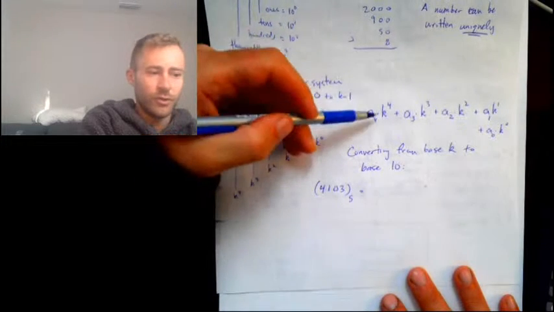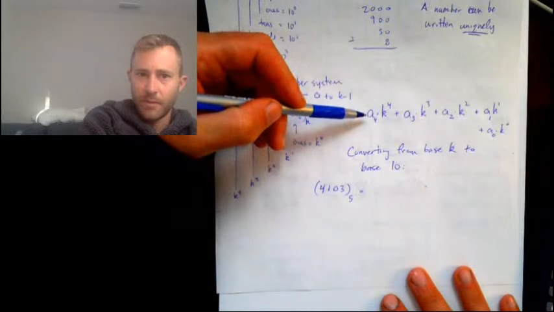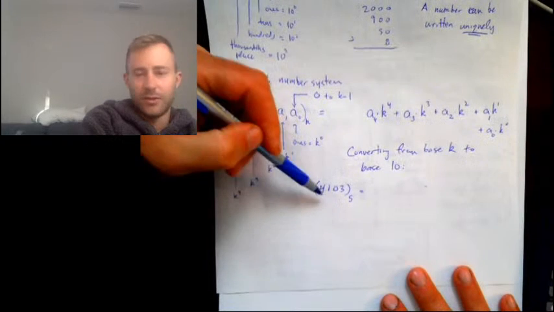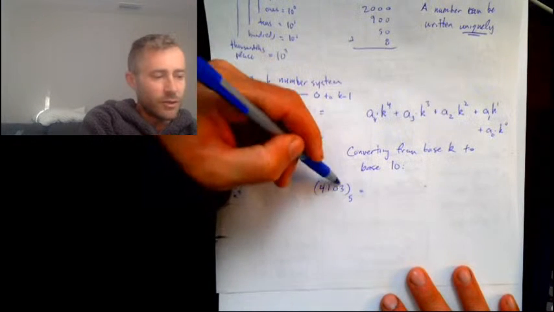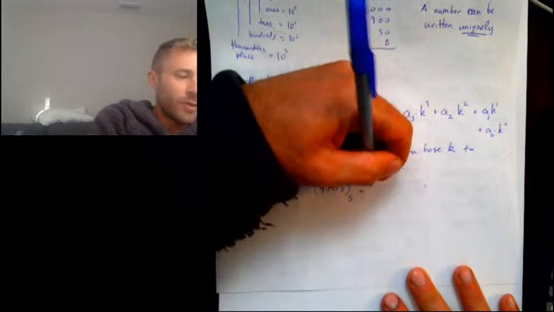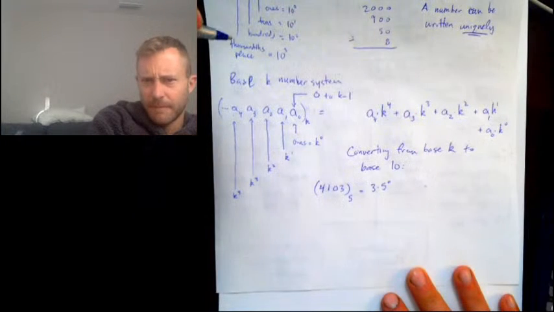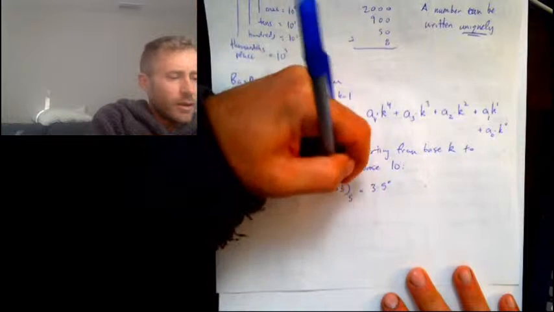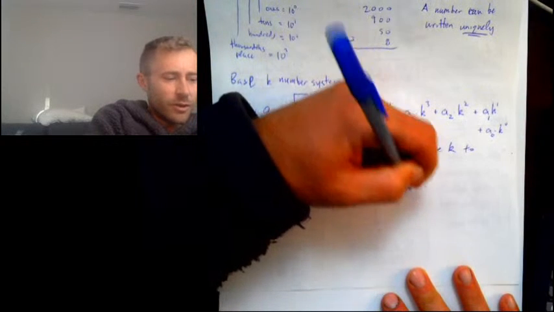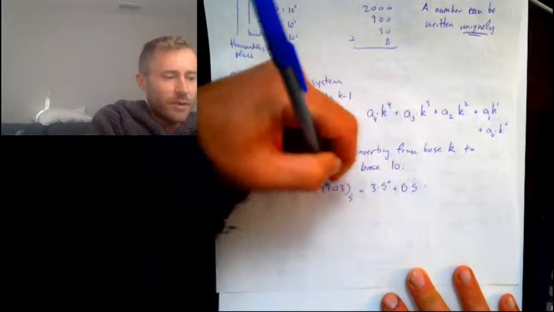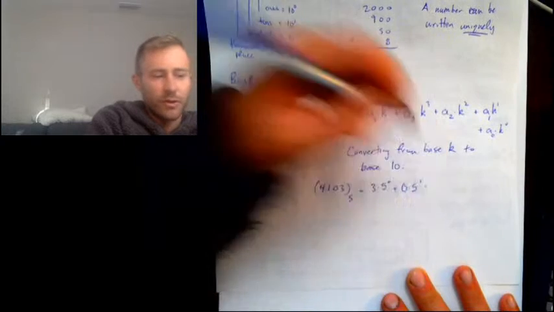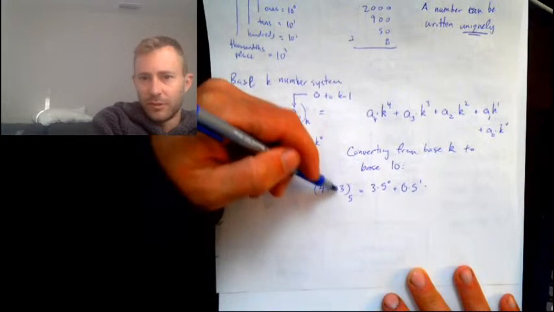Well, we're going to use this sort of expansion to put it into base 10. Okay, so this is the ones place. So it's 3 times 5 to the 0 power. And then plus 0 times 5 to the 1 power. So the 5's place has a digit of 0.